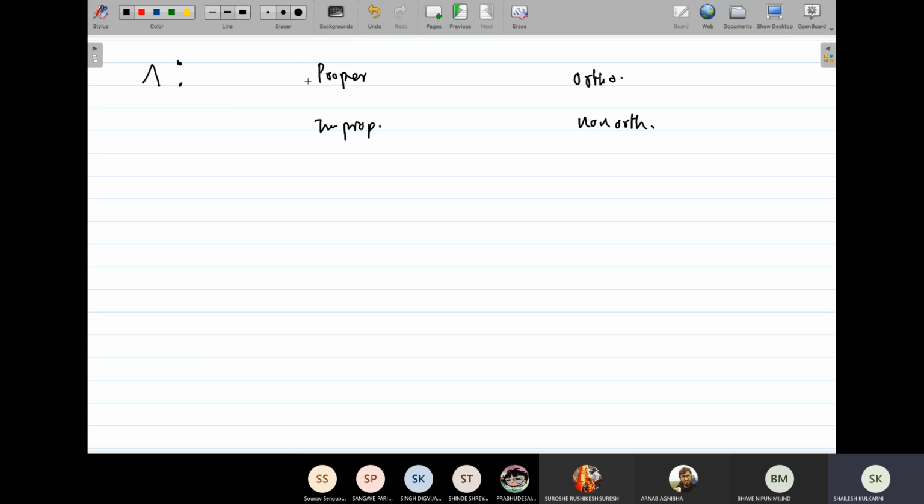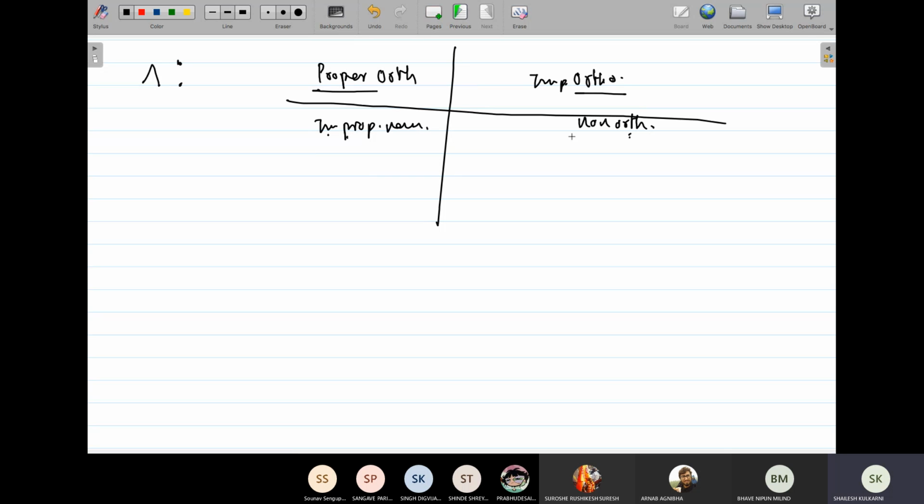So Lorentz transformations can be proper orthochronous, proper non-orthochronous, improper orthochronous, or improper non-orthochronous.